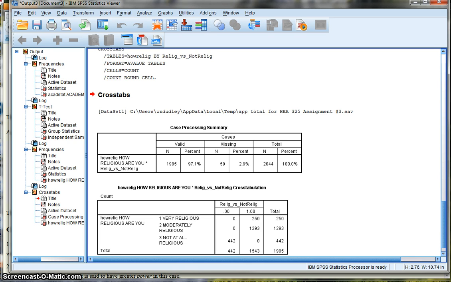Now, what we're looking at here is the recoding of this variable called "How religious are you?" We created a new binary variable in which we have the 442 people who said they were not at all religious versus the 1543 people who said they had some religious strength of religion, moderately or very religious.